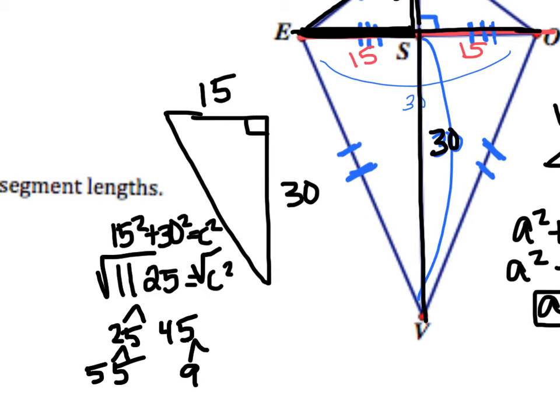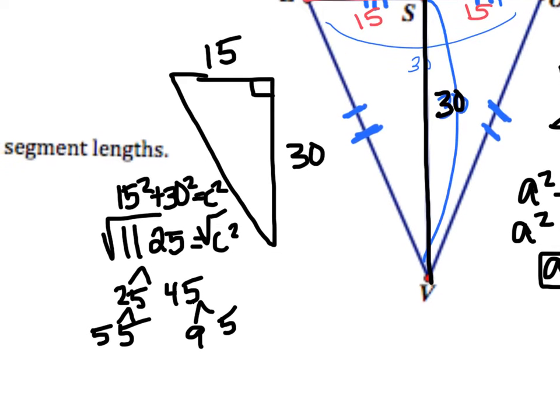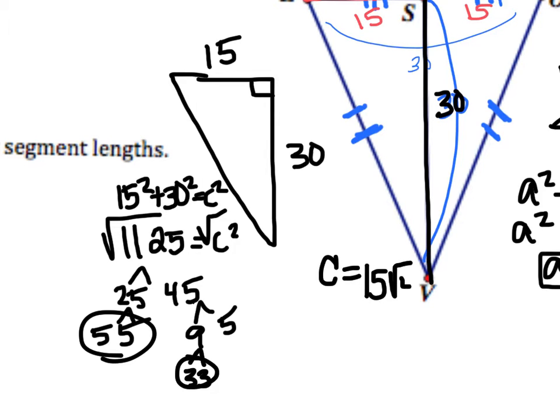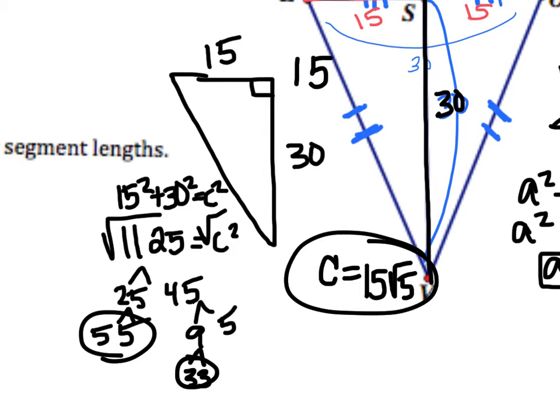And then this is 9 and 5. So a 3 and a 5 can come out. So that last side is going to be 15 square root 5. Okay, so that's those last sides up here.